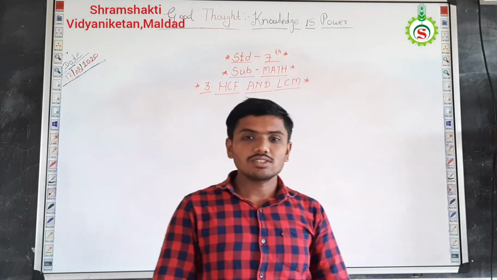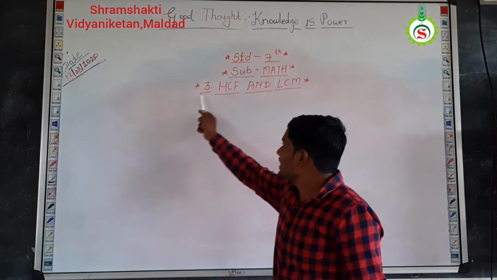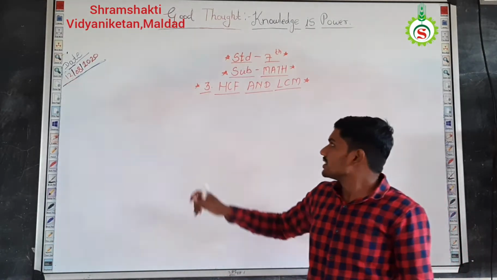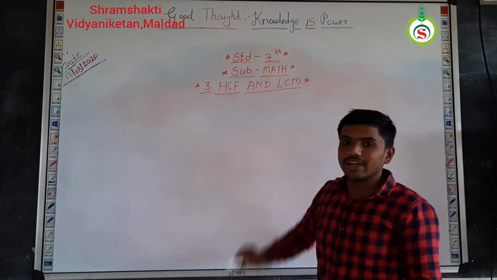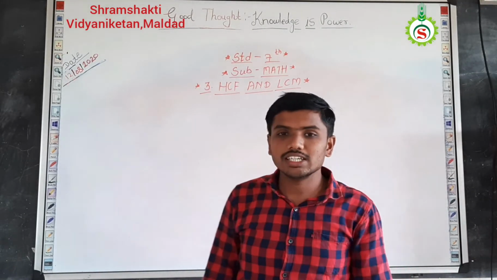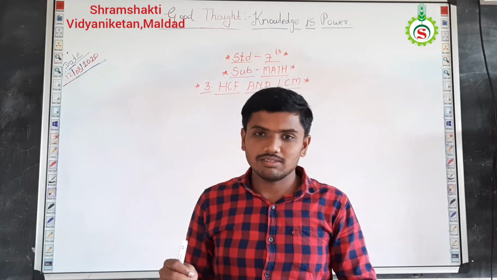Okay, so up to the last lecture from chapter number 3, we have seen how to find out the HCF and LCM of the given 2 numbers or 3 numbers.